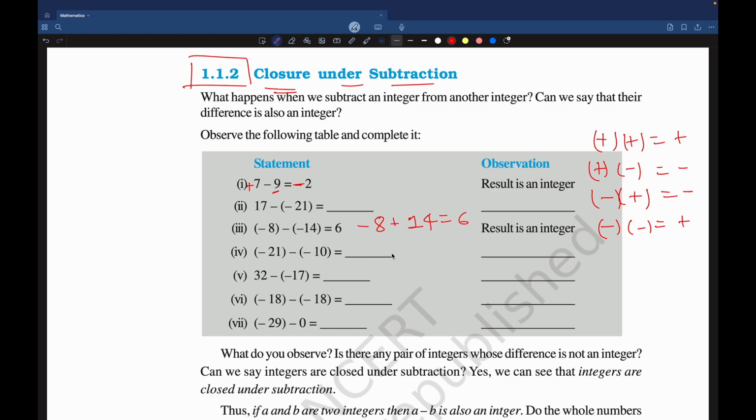In this case it will be minus 21, minus into minus is plus, minus 21 plus 10. We will put the sign of bigger integer in answer, and then we will do subtraction because both the signs are different. So 21 minus 10, you will get 11. So the answer is minus 11.